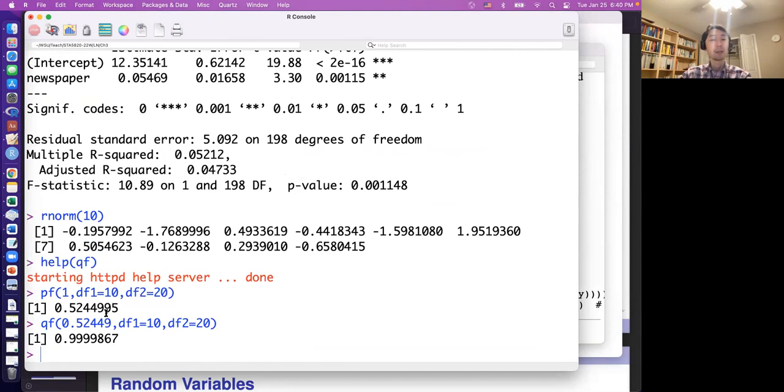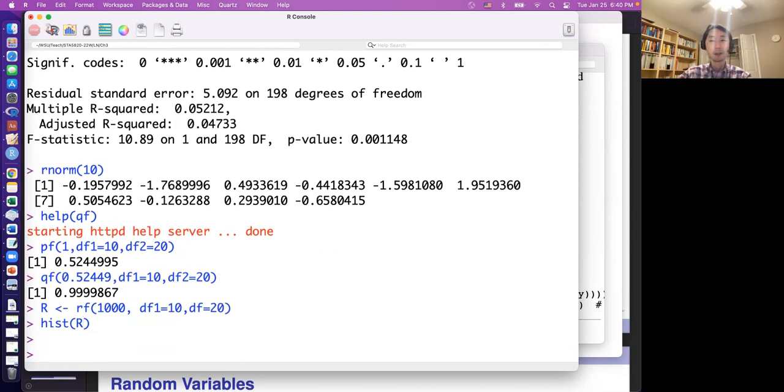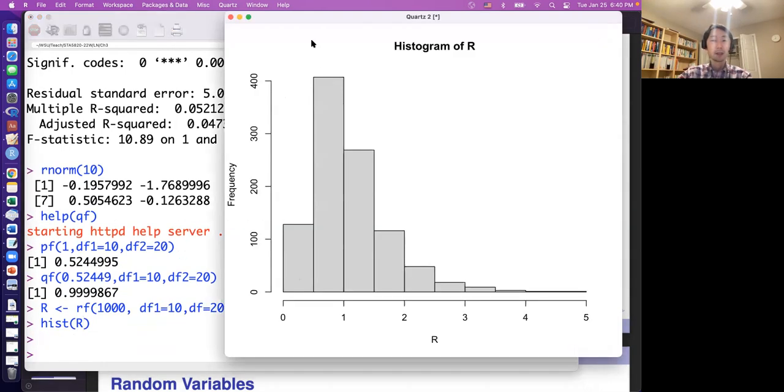So qf and pf are inverse functions of each other. And rf we can use to generate the F distribution, random numbers which follow the F distribution. So if we define r and make a histogram of r, then this becomes just the F distribution with df 10 and df 20.